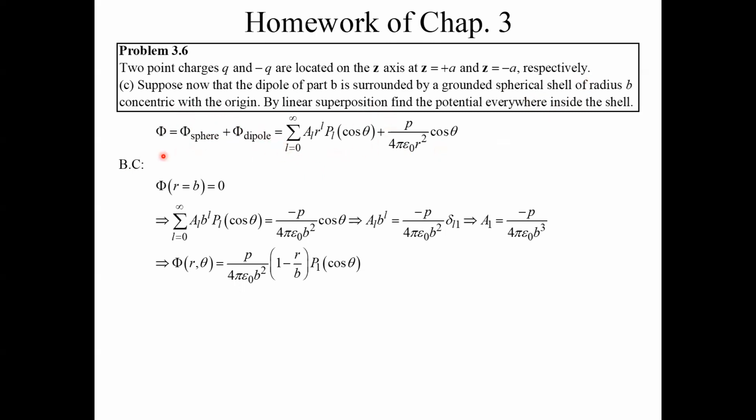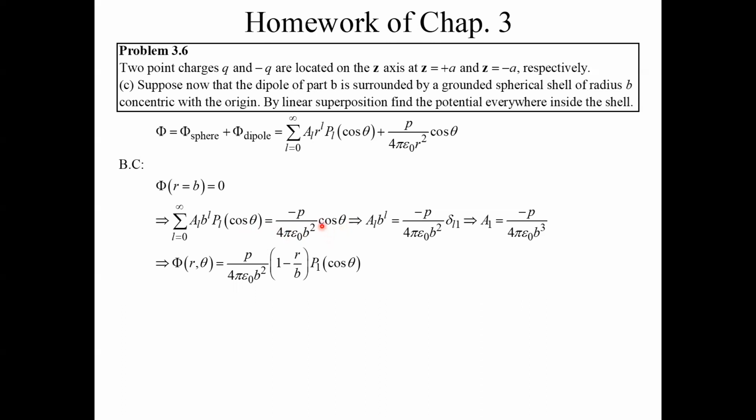And we have the boundary condition: because this is a grounded shell, the potential on the shell should be 0. So 0 equals this one plus this one. We take this term to the left side, so we have a relation here.